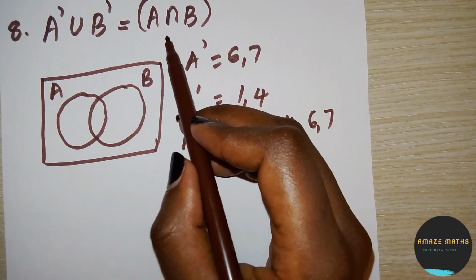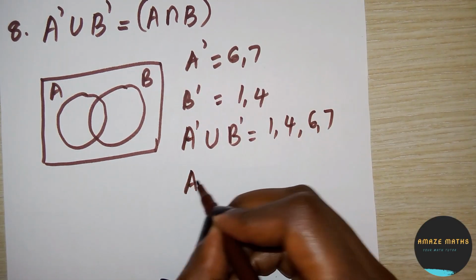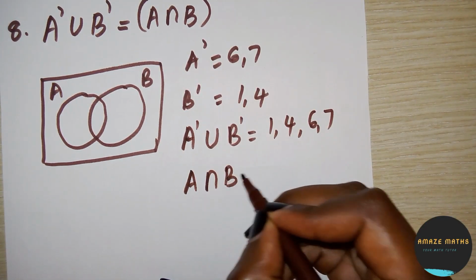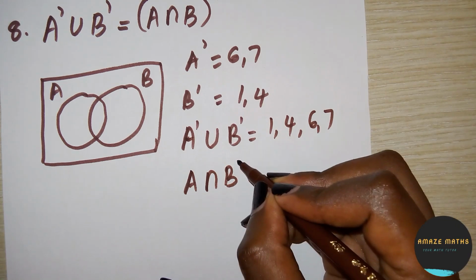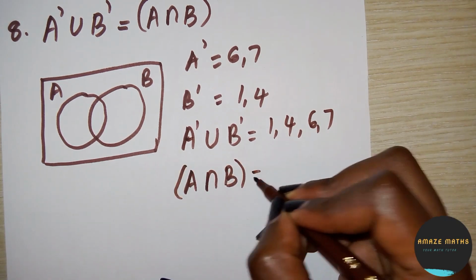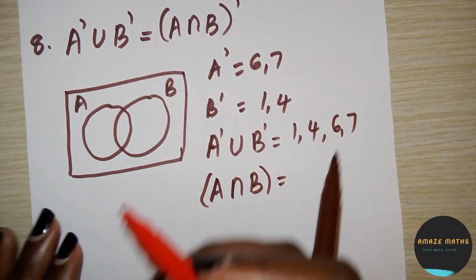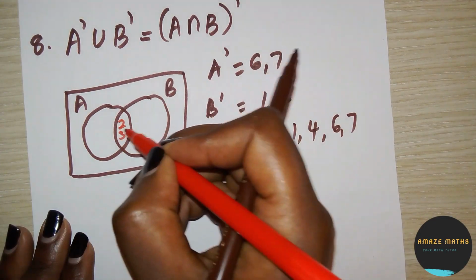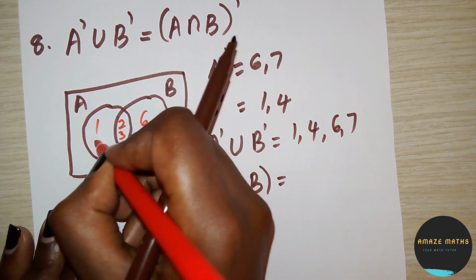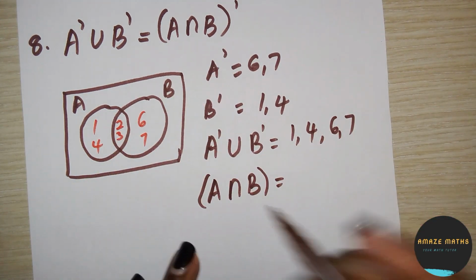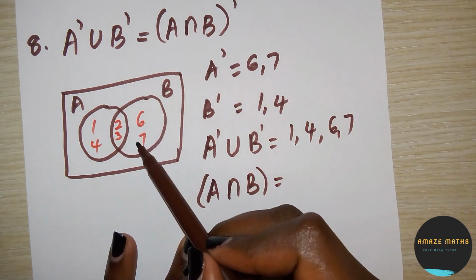And this one, I said it's the same as that one. So if we had A intersecting with B, okay, let me put the numbers here. So 2, 3, 6, 7, 1, and 4. A intersecting with B is 2 and 3.